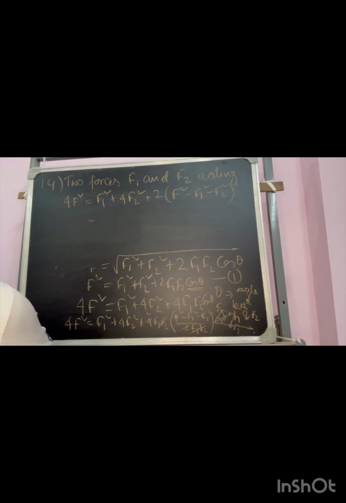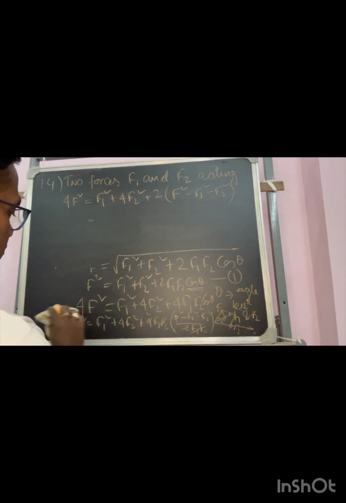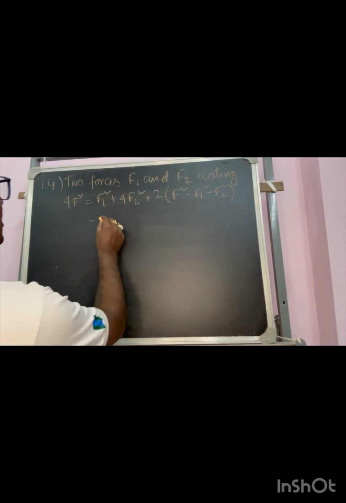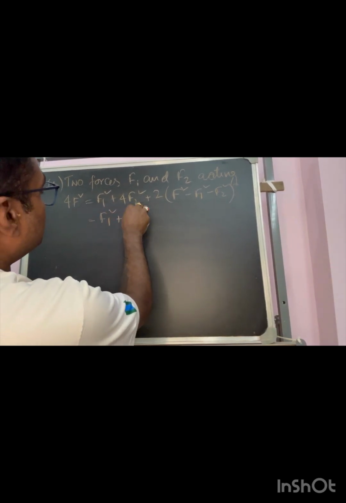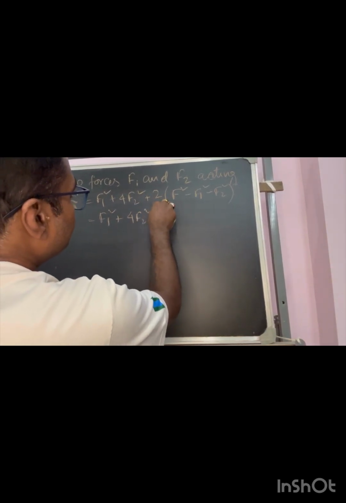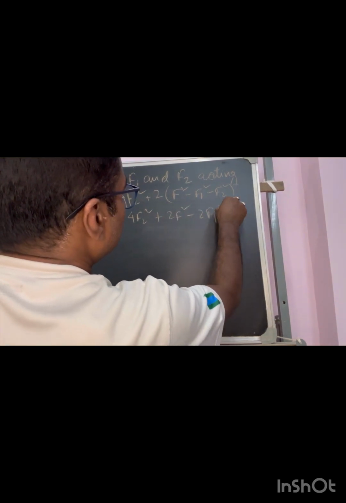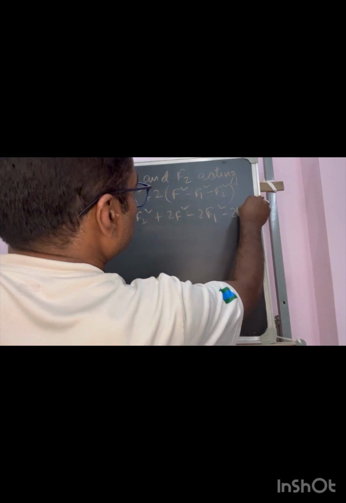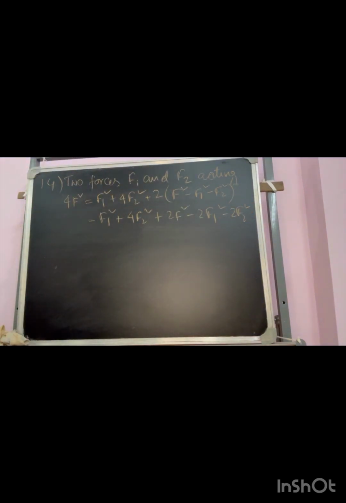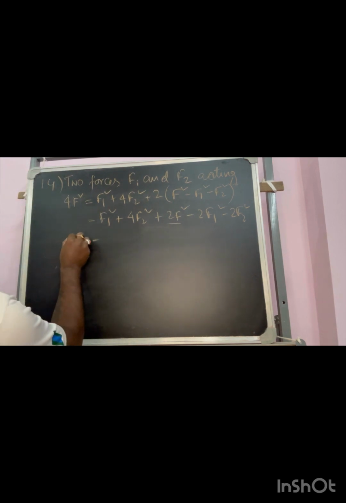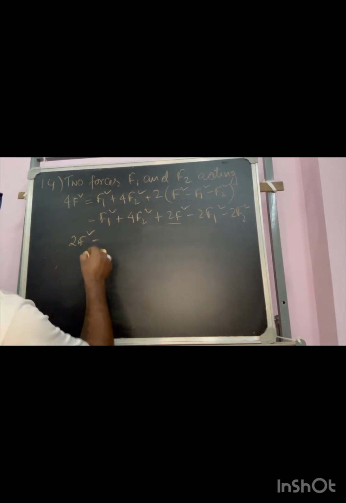Anything else? No. So you can rub it out. So the relation will become F1 square plus 4F2 square plus 2F2 square minus 2F1 square, 2F2 square. So 2 will be multiplied with all those. So ultimately this F will go there, so it will become 2F square.